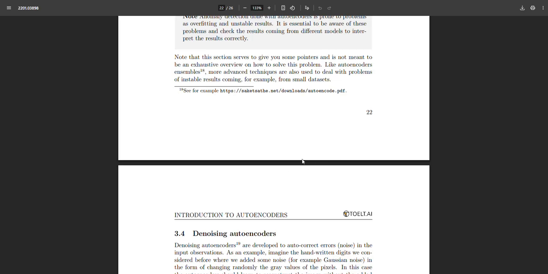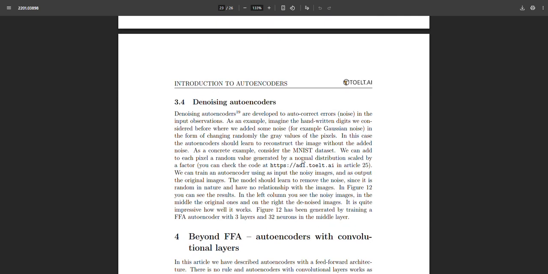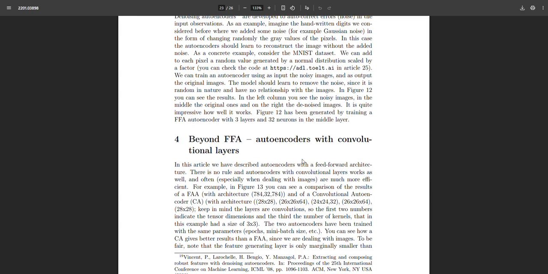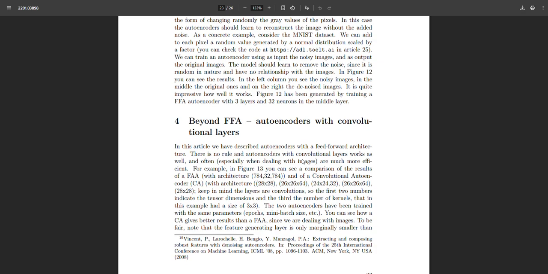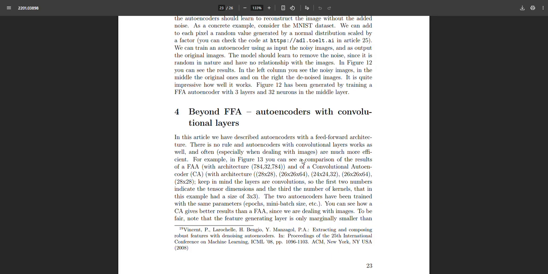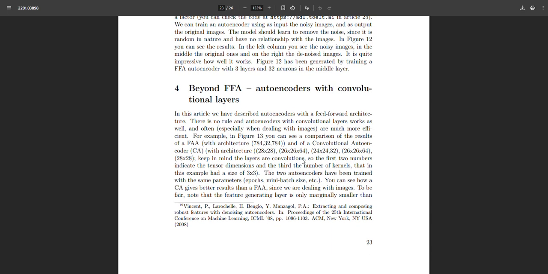Up until now, we focused entirely on feed-forward neural network architectures built with dense layers. While feed-forward autoencoders are easy to implement and work well, especially for structured data, there is no rule stating that this is the only way.